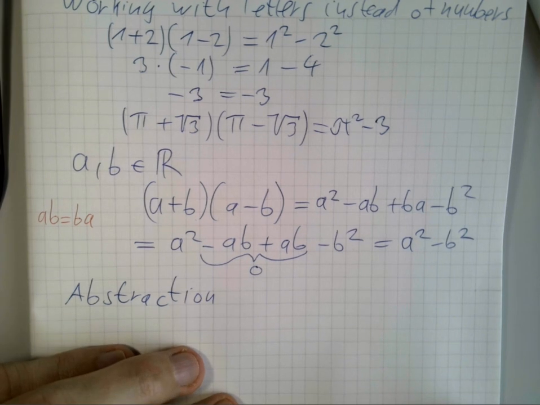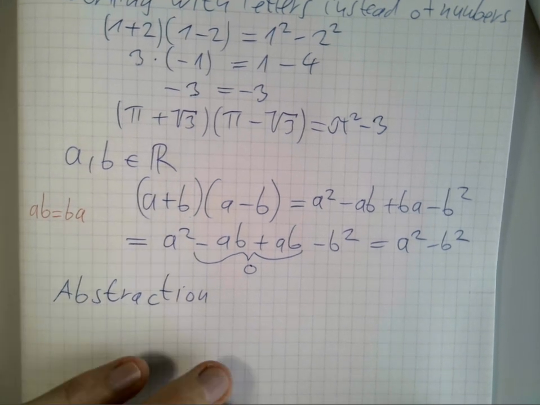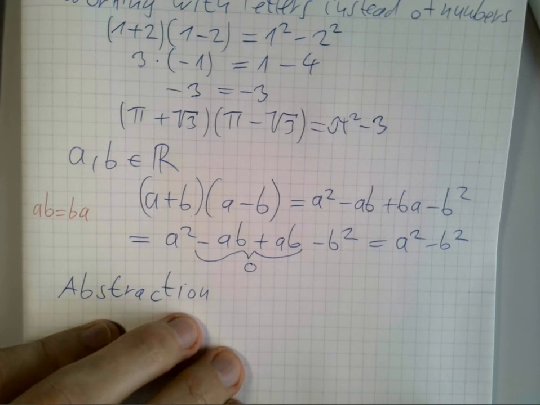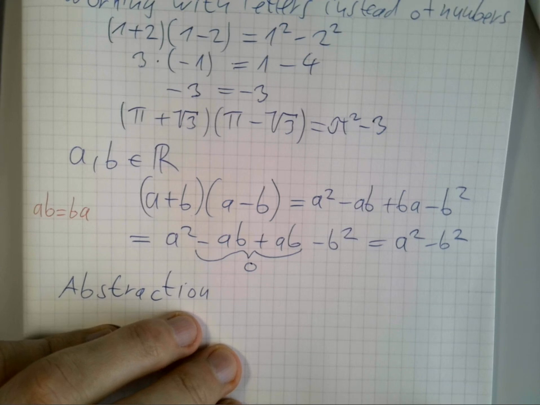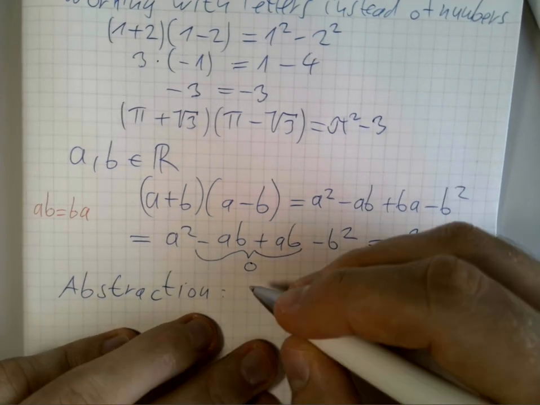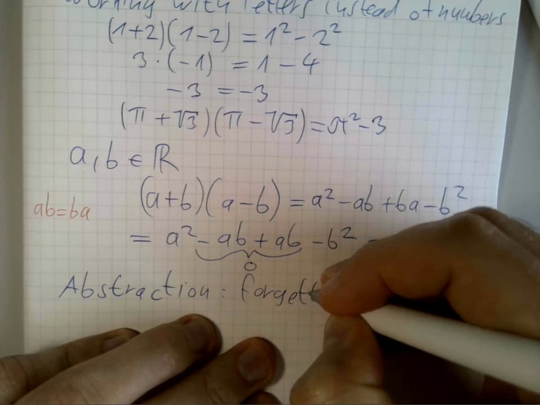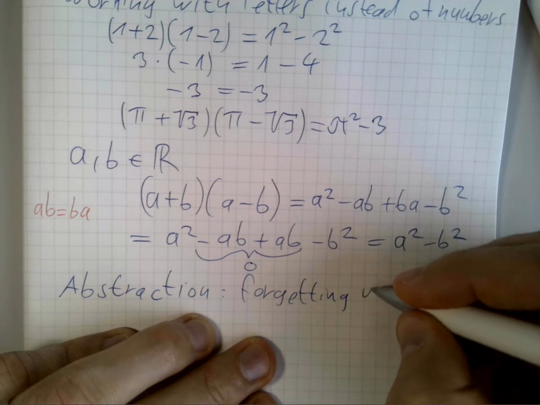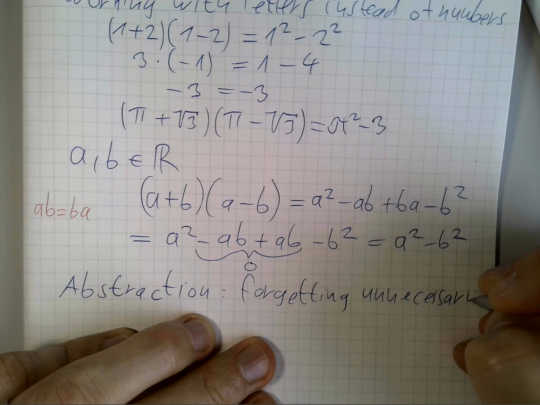As I discovered not long ago, if I just rely on you checking this in the dictionary, you may not get the meaning I'm using here. It's a bit surprising. But the meaning I'm using here is forgetting the unnecessary details.